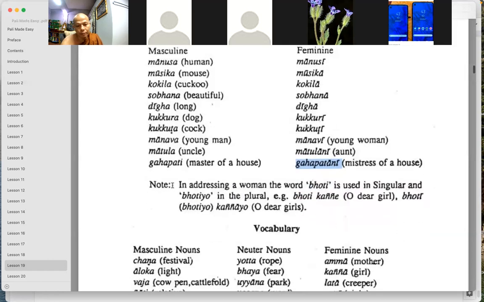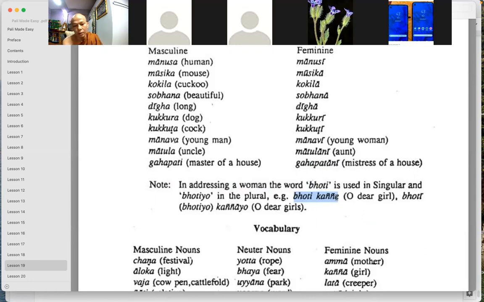So, in addressing a woman, the word is "bhodi". Bhodi means dear, the meaning of dear. The singular is "bhodi", but the plural is "bhodiyo". Sometimes in this way, like "Bhante" or "Ayasma", the term we use to address a monk, the same way we call a woman or a girl.